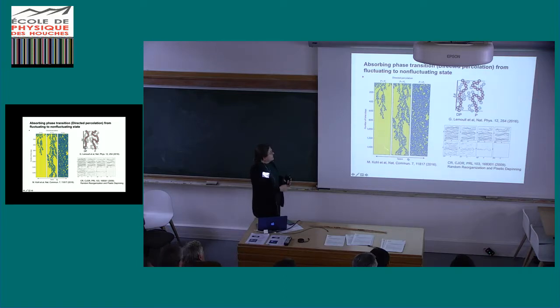Just as an aside, we showed about 10 years ago that there's a connection between this directed percolation type of transition and plastic depinning. I know some people have talked about elastic depinning transitions, but it's interesting to note that you can get these extremely long timescales if you have a system that's very close to sliding in a disordered way.